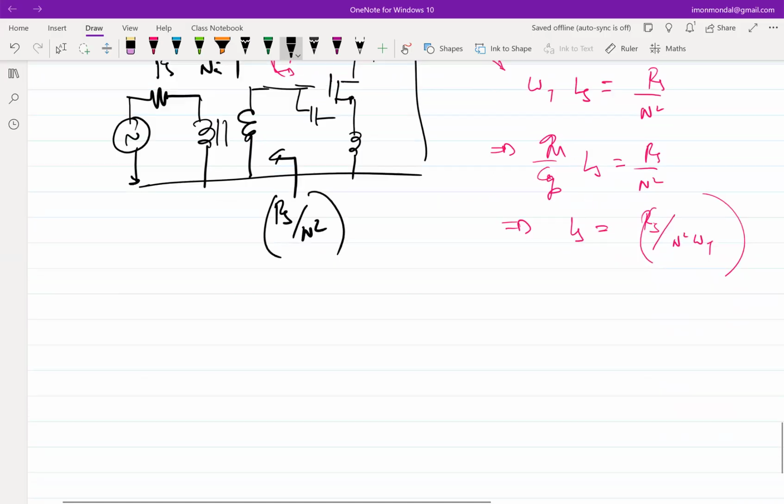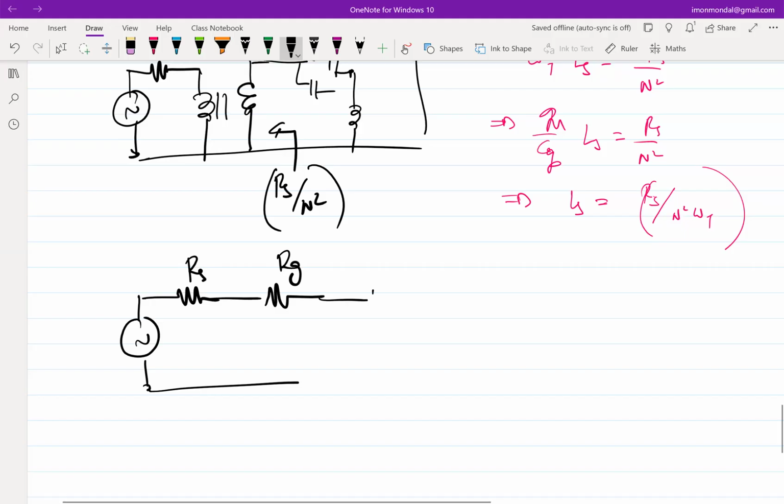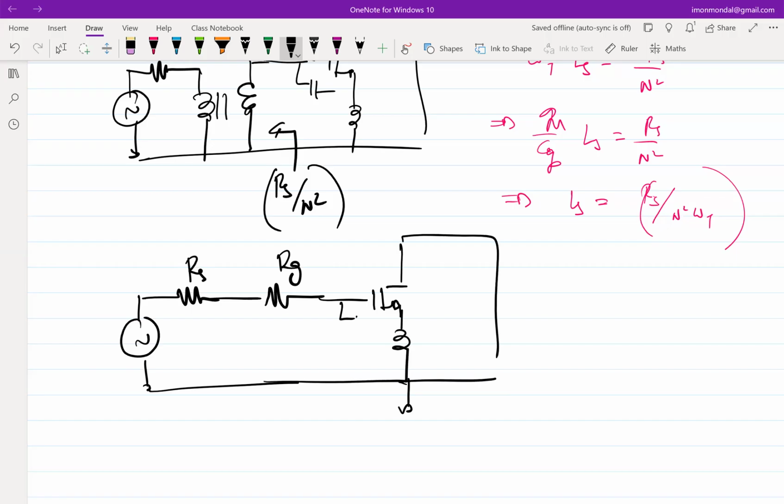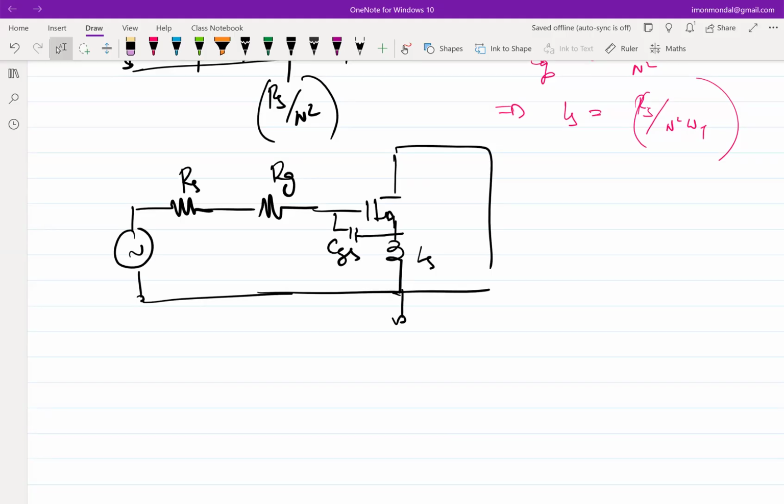So what I'm saying is, you have RS, maybe you have another resistance. I call this RG because it's basically getting connected to the gate. I'm not showing the matching network now. I'm just assuming there is an RG associated. So what impact does this RG have?